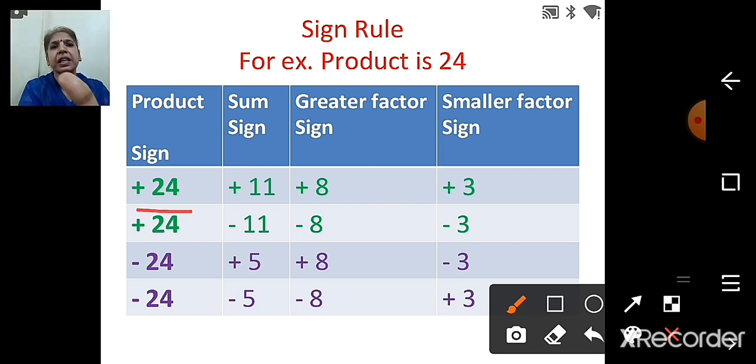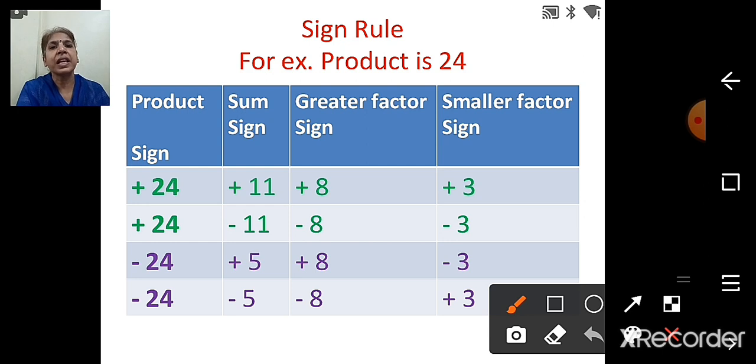So we will take positive 24. And if it is positive 24, children, the sign of each term is also very important. The product is positive. It means the factors which you take, when you add them, you will get the sum. So our sum is 11.